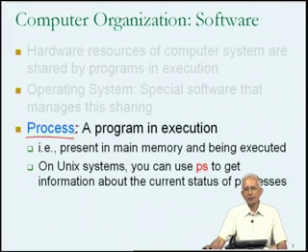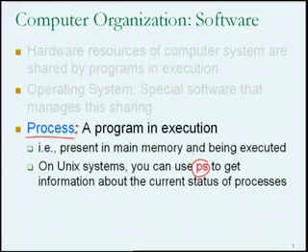But we can get some practical understanding of the fact that there could be more than one program in execution on a computer system at a time, or specifically on a Unix system, because there is a mechanism available: this thing which I now call PS, which in fact stands for process status, which can give you information about the status of the processes which are currently on the computer system.